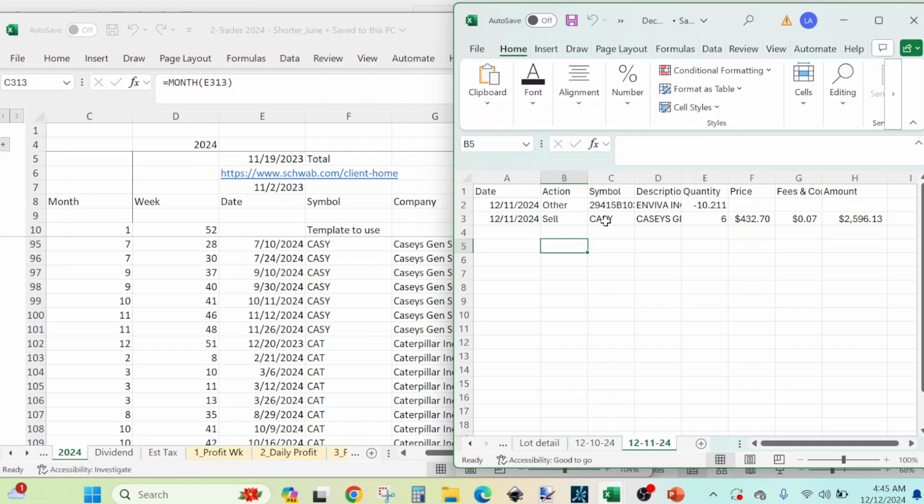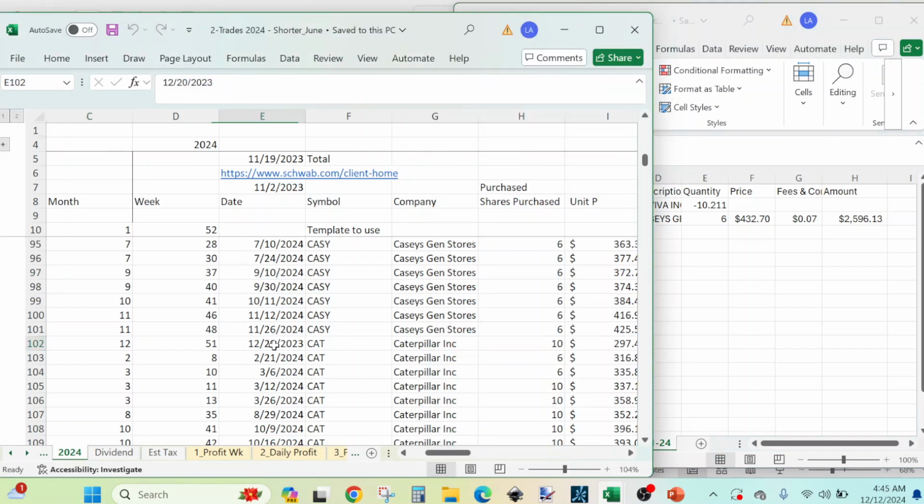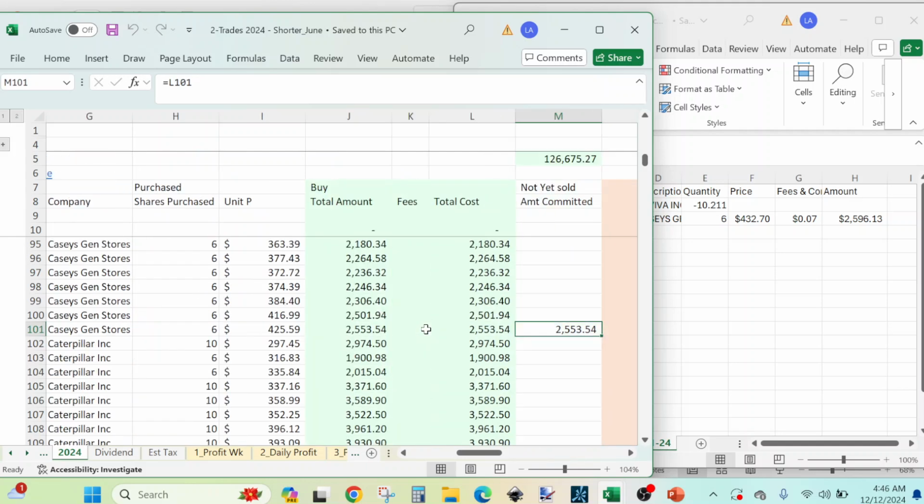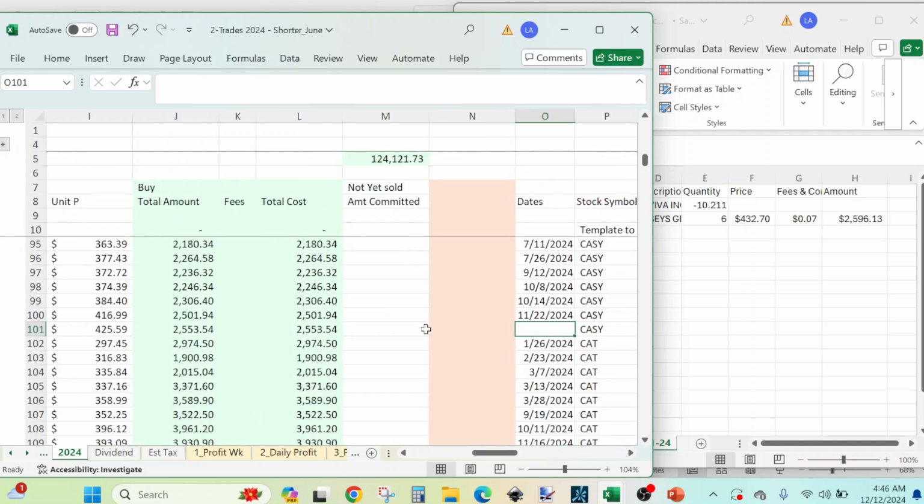So we purchased KC on the 11th, almost a month ago, and we had some profit in it, and we sold it yesterday to lock in that profit. So I'm going to take that commitment out of there, and I'm going to put yesterday's date, which is December 11, 2024.